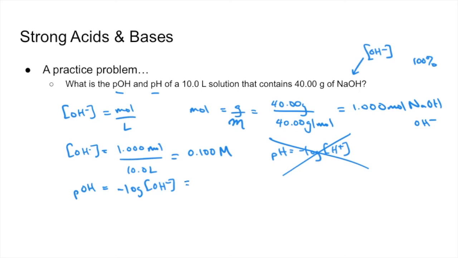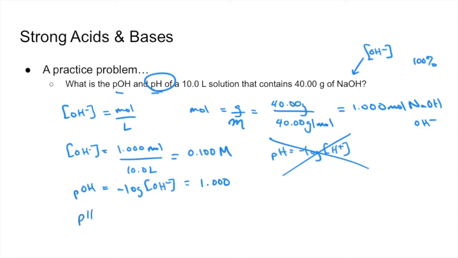Okay? So if you type into your calculator negative log of 0.1, you're going to get 1. And technically with the significant figures here, it would look like 1.000 based on how logarithms work with significant figures. So we have a pOH of 1.000. How do you then find pH?